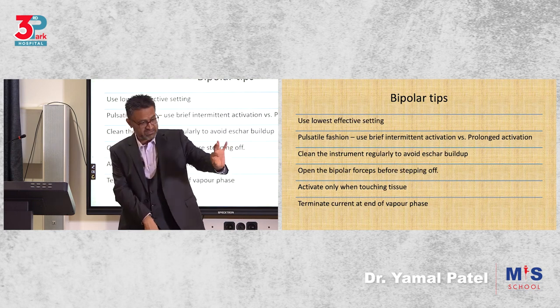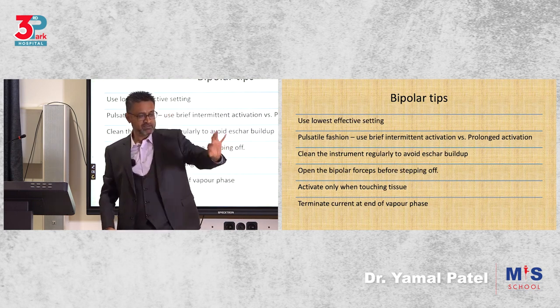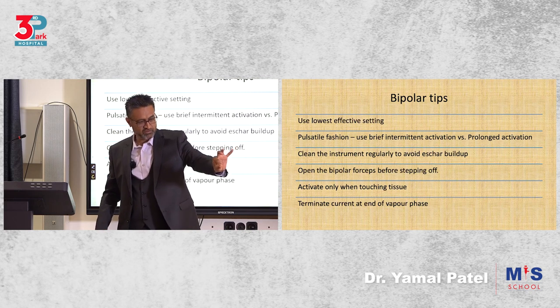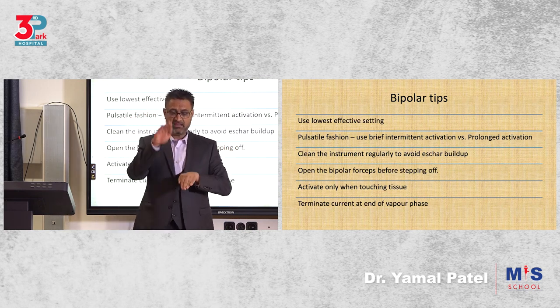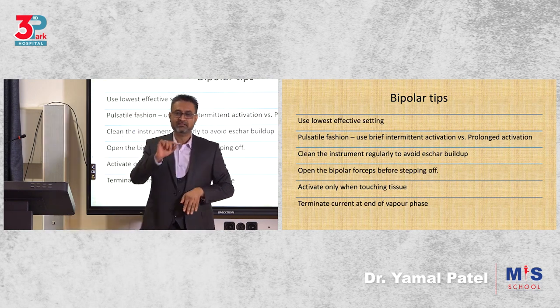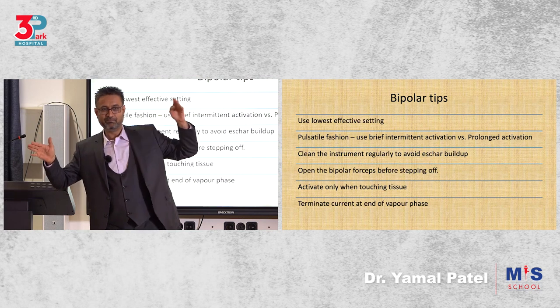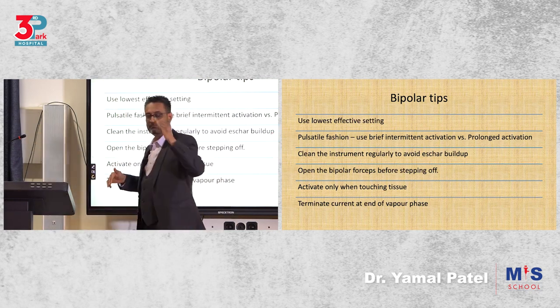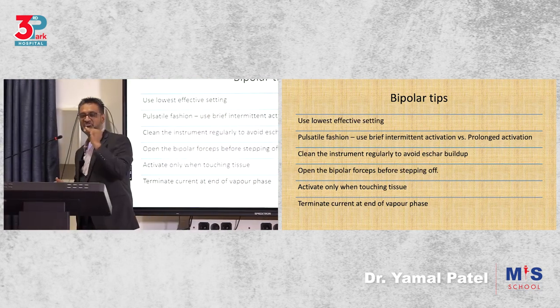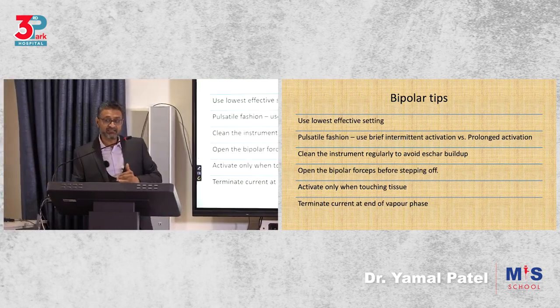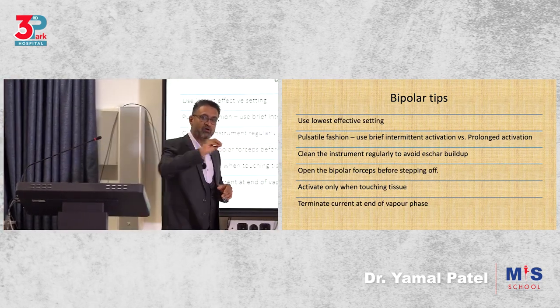So this is constant, and this is on, off, on, off, on, off. So it's pulsatile. Okay? That way you will have the tissue turn white. Your target is white, not black charring. White blanching, not black charring. So when you get that and then you cut, it has cooked all the way in.